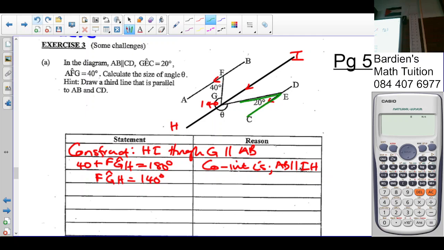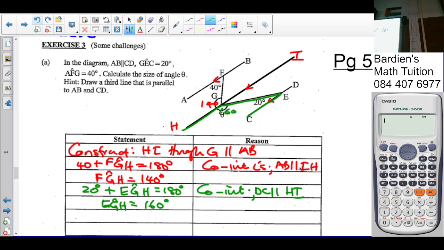We can say that 20 degrees plus angle EGH is equal to 180. Why? Again, co-interior angles, with DC being parallel to HI. So EGH is 180 minus 20, which is 160 degrees.